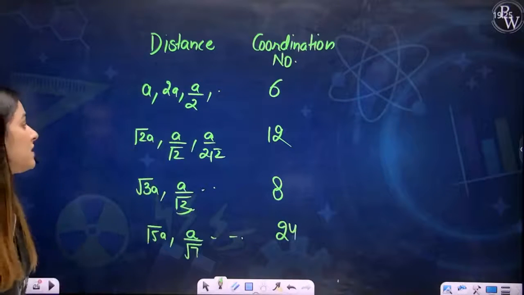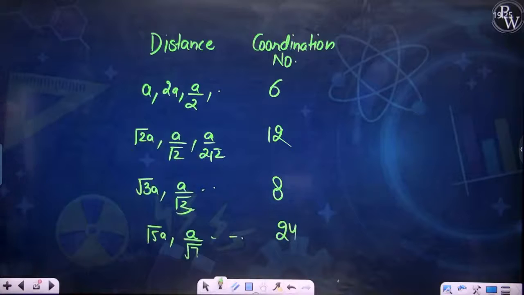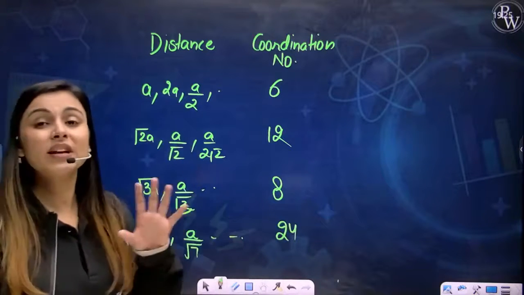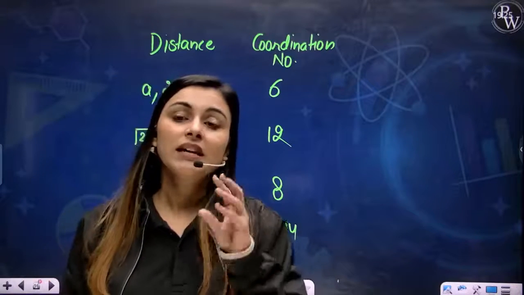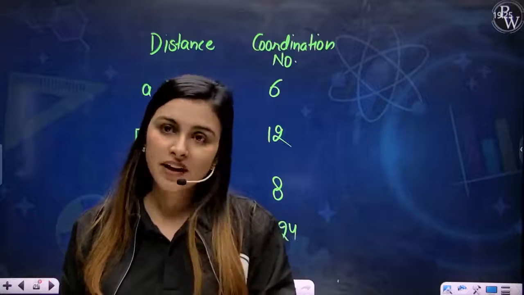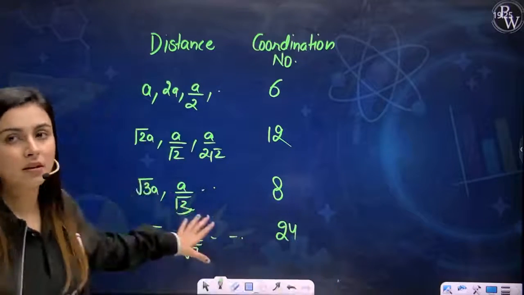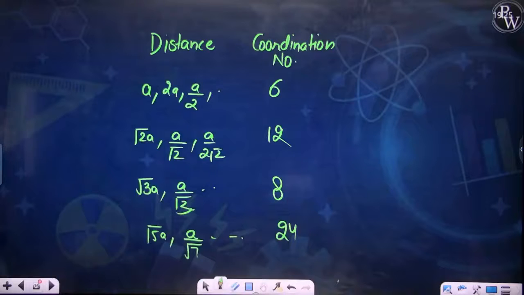It will always be equal to 24. This is the trick. You only have to find the distance and just check that this distance is a multiple of which factor, and you can find out the coordination number so easily. Write this down and I'll make you understand each and every part of it.